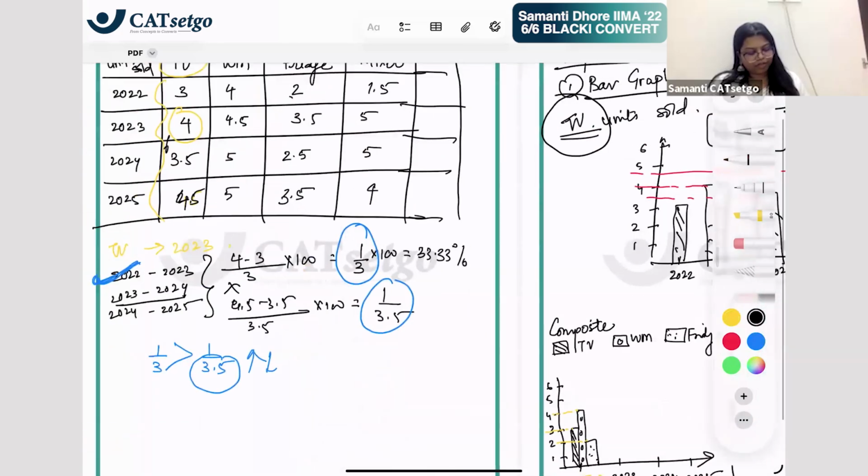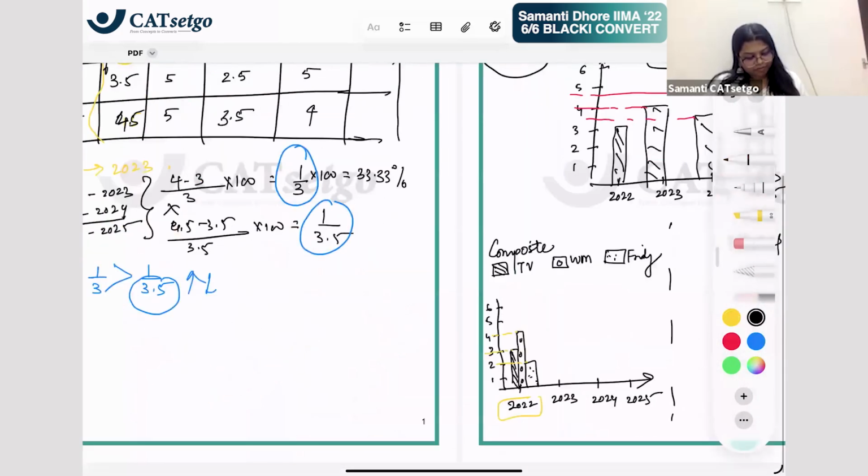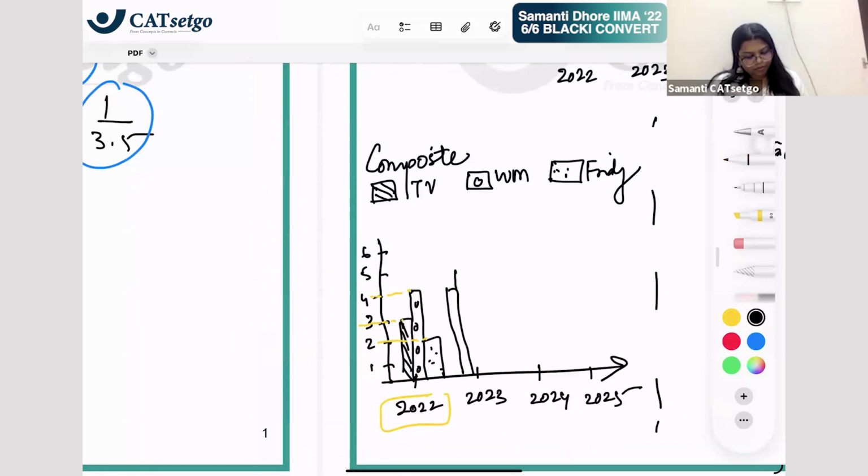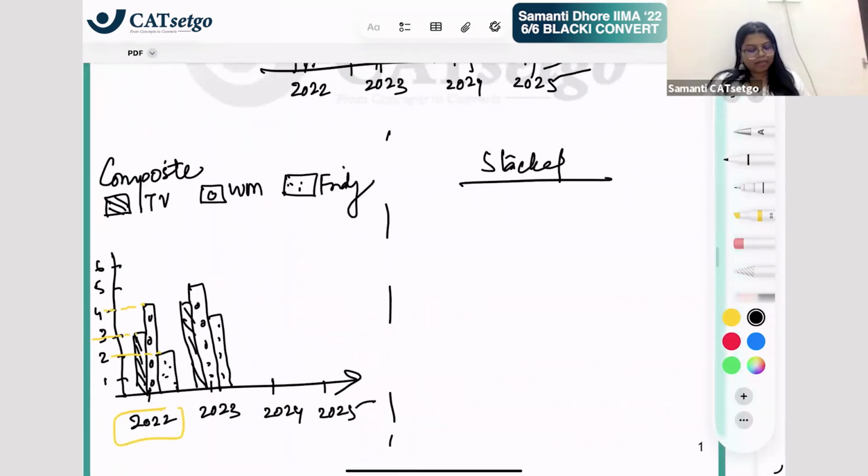2023 mein kitna hai? 4, 4.5, 3.5. So we have 4, 4.5, 3.5. This is a composite graph, where all the things are merged with each other and kept as a composite diagram drawn. And what does stacked mean?